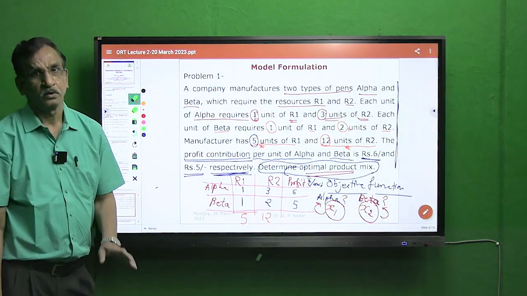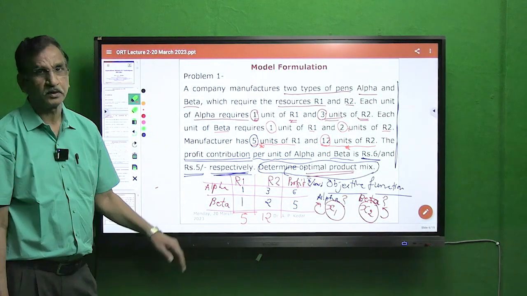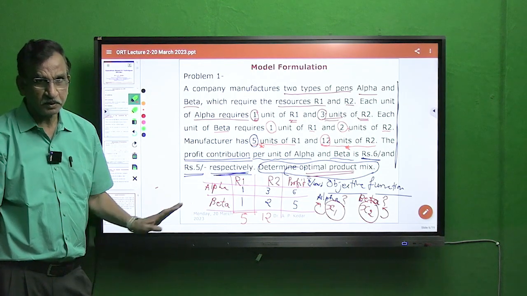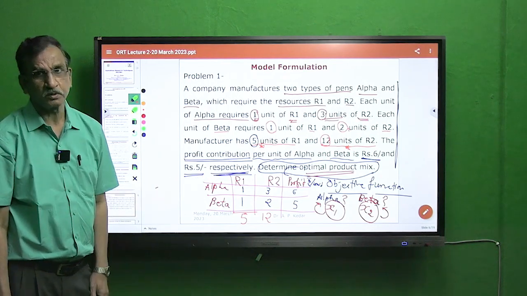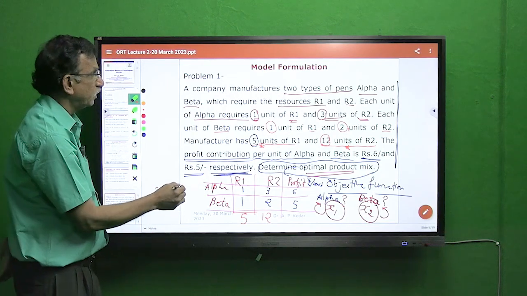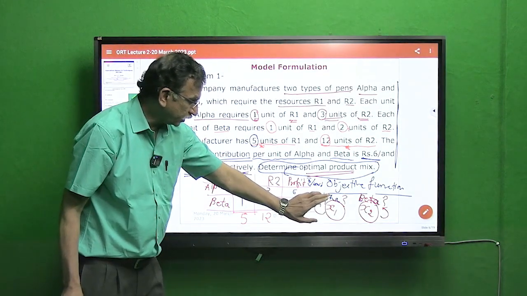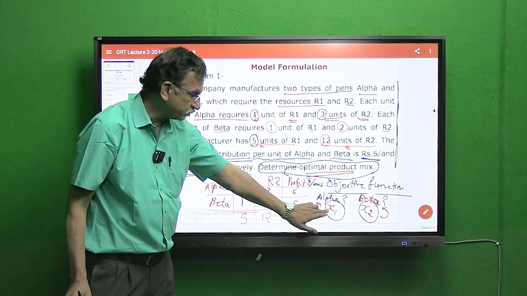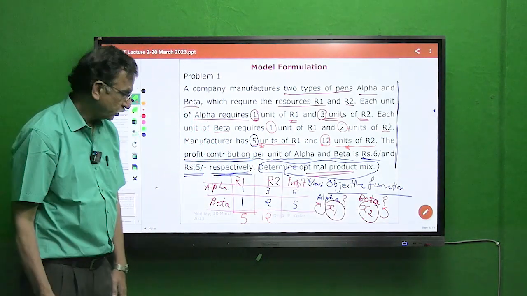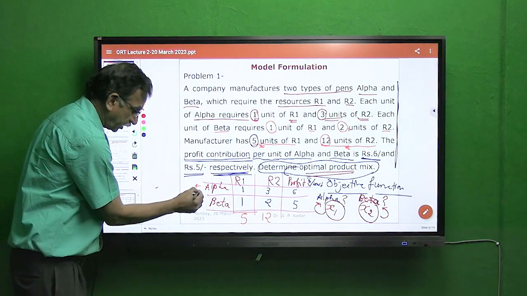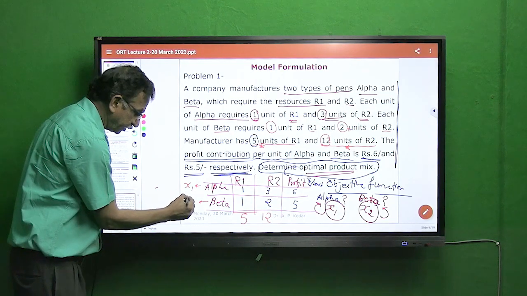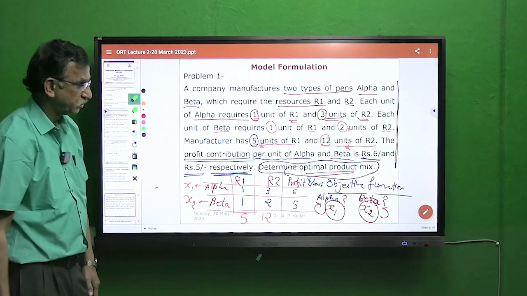Now we are ready with all relevant information. The summary is ready. Based on this summary, now we will construct the table. I said that to begin with I have to assume something, so I am assuming x1 units of alpha and x2 units of beta pen. So before alpha I will write x1 and for beta I will write x2.